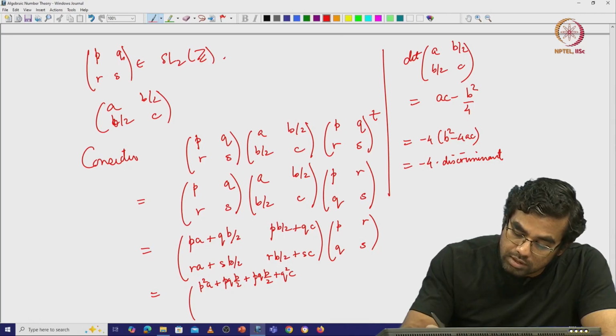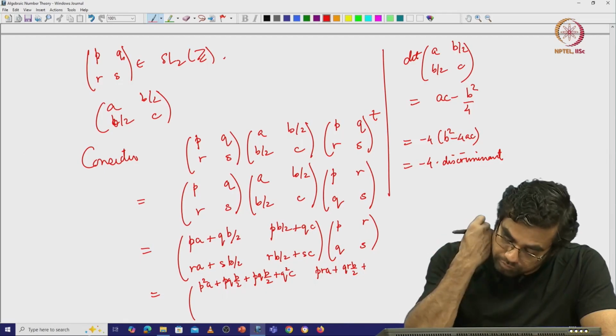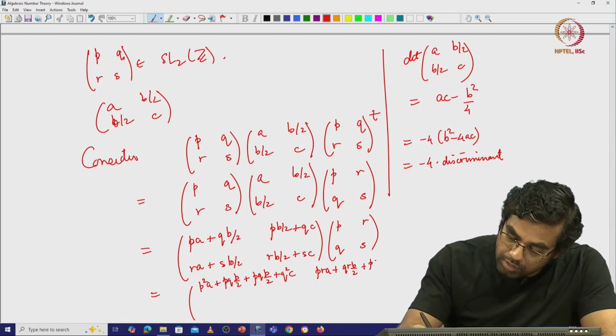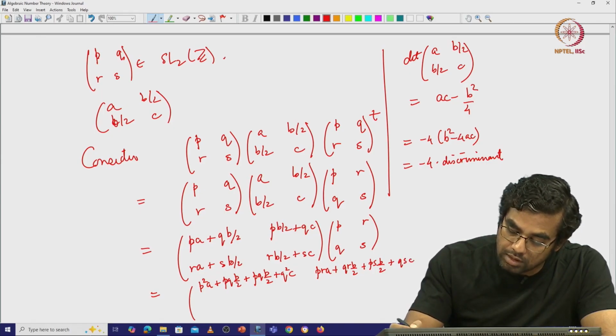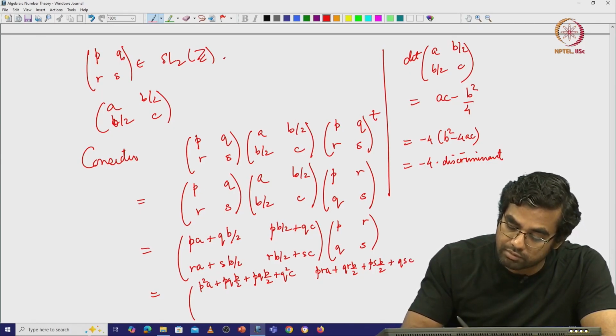So this is pr a plus qr b by 2 plus ps b by 2 plus qs c, and then the same expression will appear here.